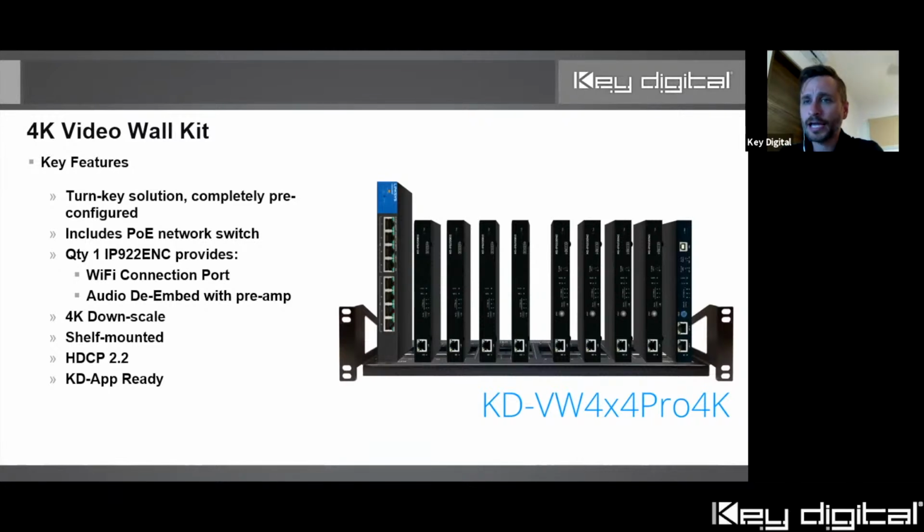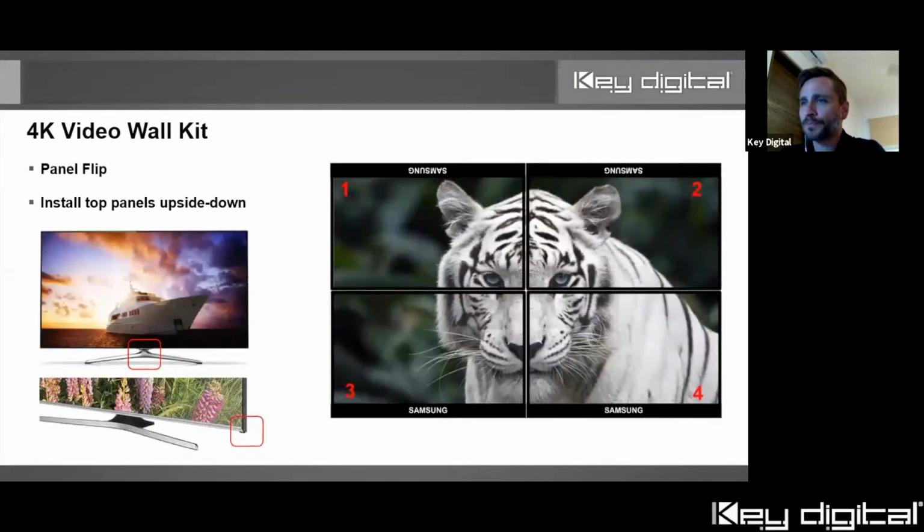It includes that shelf. We include one 922 encoder so that you could take whatever is your primary encoder and plug it in there, so you could get the audio out into your audio system. And it also has that second LAN port, so you could plug in a Wi-Fi router and integrate this into your system for app control.